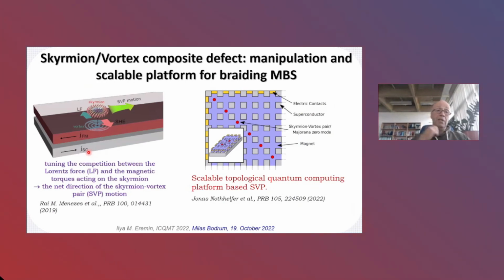Now, there has been another interesting proposal, basically about why having such a pair would be advantageous. One of the problems, for example, with magnetic skyrmions for application in various memory devices is that the skyrmion is a topological object.